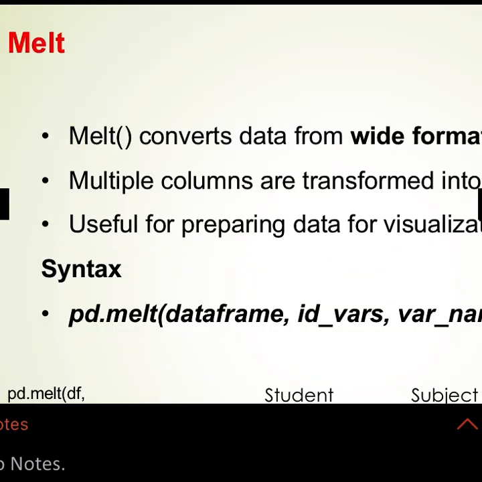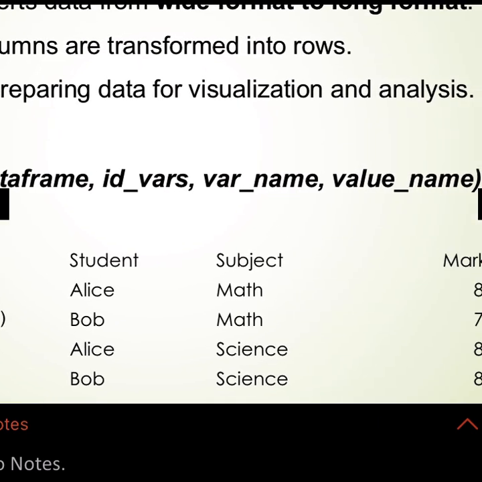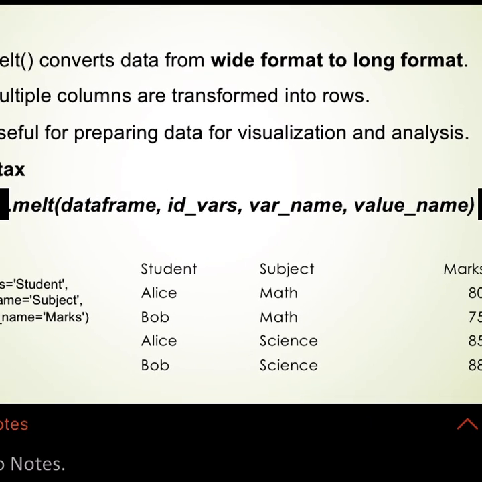So pd.melt of df, first the data frame should be given, then id variables equal to student, then var name, you can mention anything like subject, and value name equal to marks. It will be displayed like this: student, subject and marks.